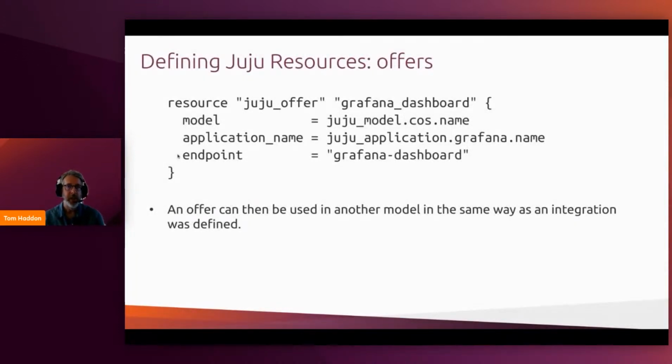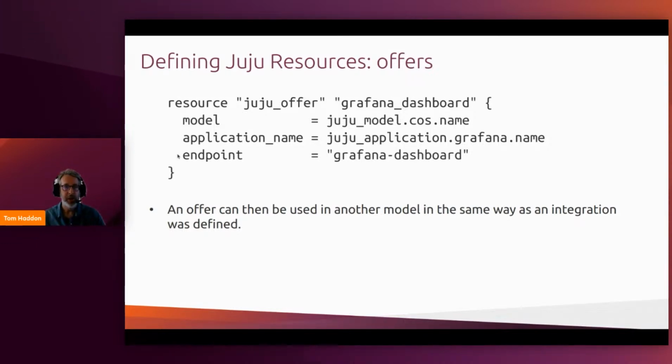And then the last resource that we're going to look at is the offer. This is for when you want to connect applications that are in one model to applications in another model. If we're deploying COS, the Canonical Observability Stack, typically we would want to deploy that in a model of its own, and then we would want to use this offer to expose that to another application.